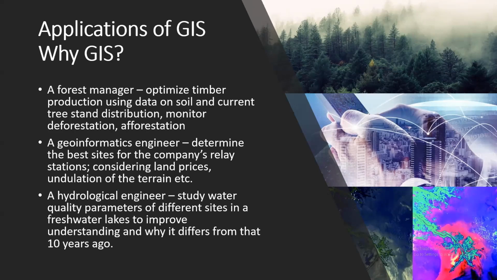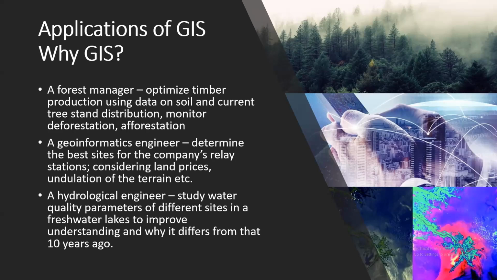Then besides that, a hydrological engineer can also use GIS to study things like water quality parameters of different areas. For example, as I mentioned, one of the lead trainers of this bootcamp has carried out studies on water quality parameters on Lake Victoria.